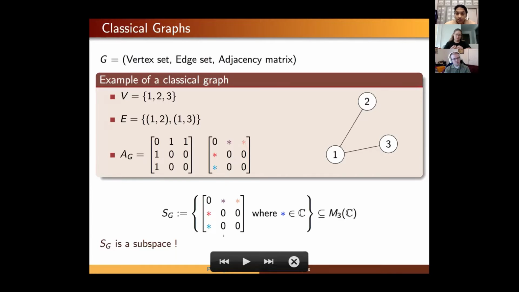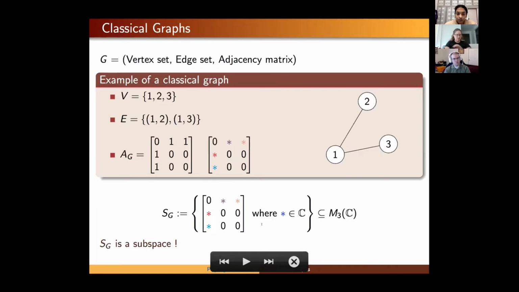So look at the set of all matrices that have entries similar to the adjacency matrix, but you allow the positions of the ones to be replaced by any complex valued numbers, and these could be all different. So I'm going to omit the condition that the star has to be necessarily non-zero, because by doing this, the set S_G defined here will then become a subspace, which is a nice property to have.